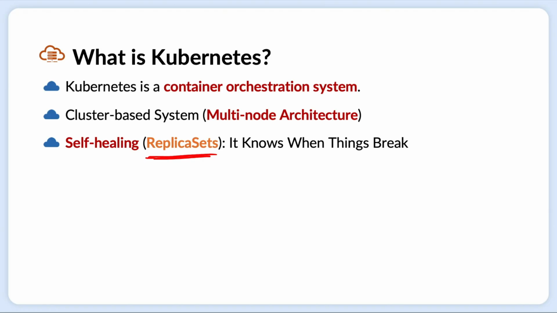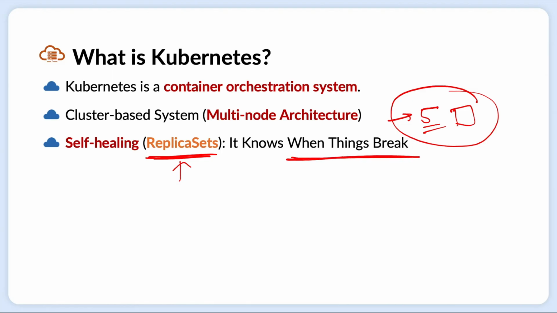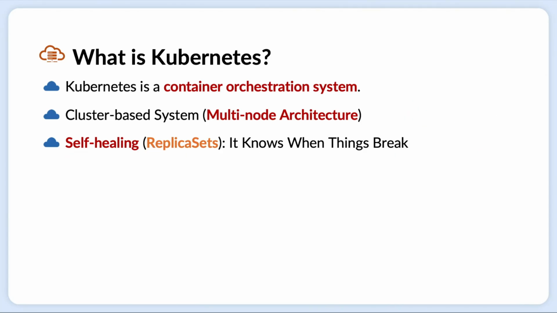So if you say, hey, I need 5 replicas of this particular container, then the ReplicaSet makes sure the 5 containers are running all the time, because it knows when things break. If any container crashes, it will go ahead and bring up another container. So this ReplicaSet feature of Kubernetes fixes the self-healing problem of Docker containers.